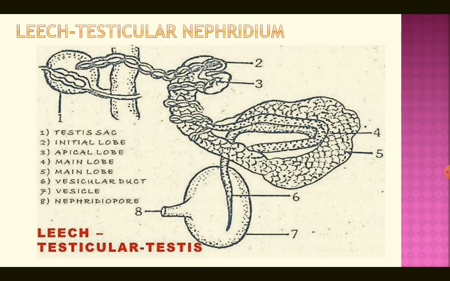The next structure you have is the testicular nephridium in the case of leech. Now this diagram shows you the testicular nephridium in the case of leech.